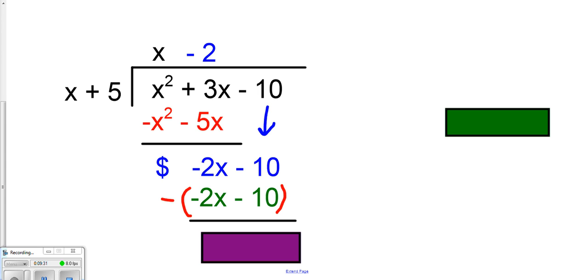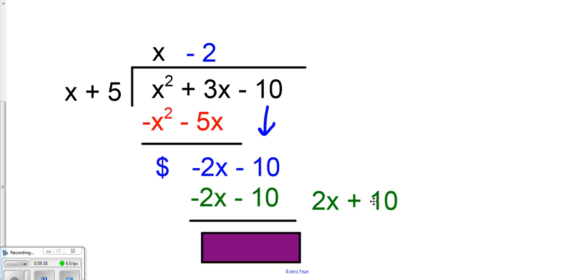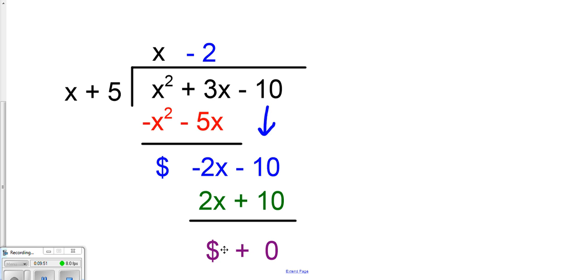To do that, get rid of these. I actually need to change those signs from negative and negative to positive and positive. So I'm going to get rid of that, replace it with this one. Now, when I do negative 2x plus 2x, again, that should cancel out. So I'm using the money symbol again.